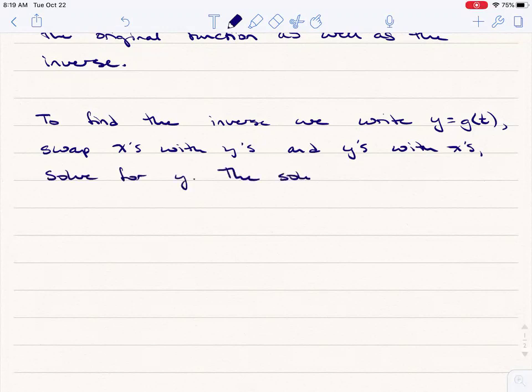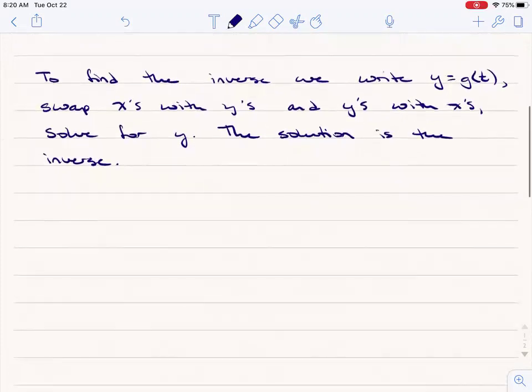The solution is the inverse. So we're going to start with y equals g of t is t minus 2 over 2t minus 1.